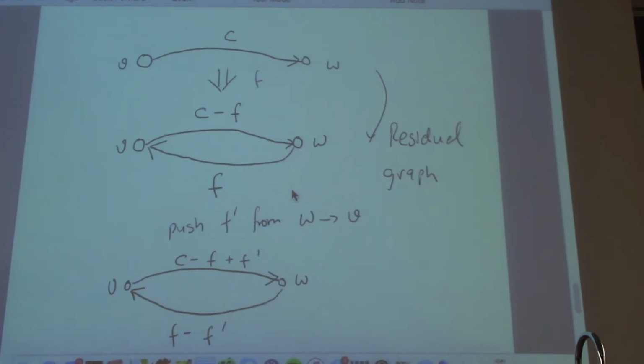This process allows you to maintain in this residual graph information about the aggregate flow you've pushed through so far in this sort of memoryless way. And this is consistent in that you can keep doing this, and at any point in time, the sum of the capacities along the forward edge and the back edge will always be equal to C. That's the invariant.